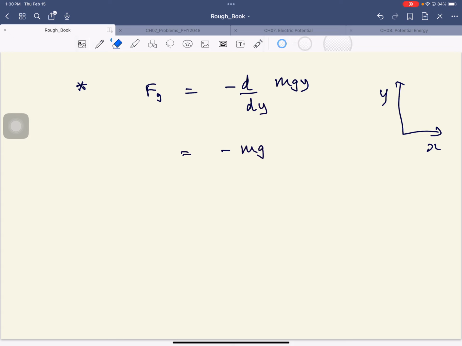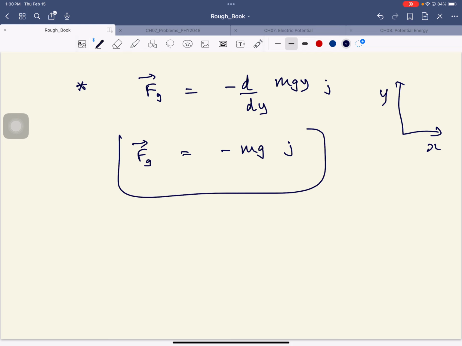In vector form, the force of gravity is minus mg j, in this direction. All right, those are the only two conservative forces we will deal with.